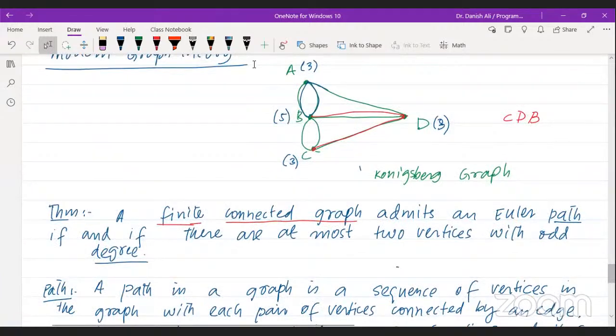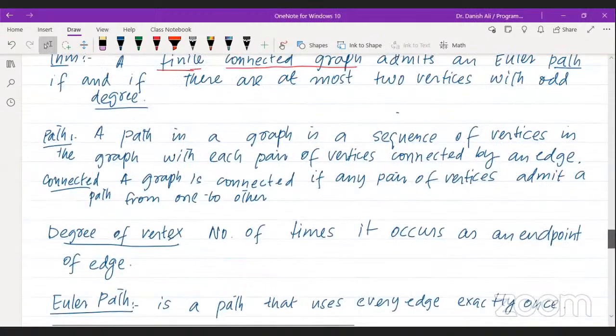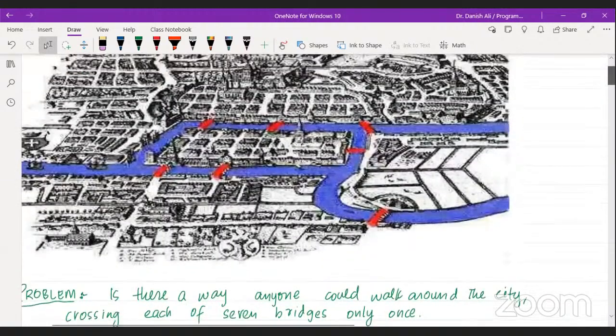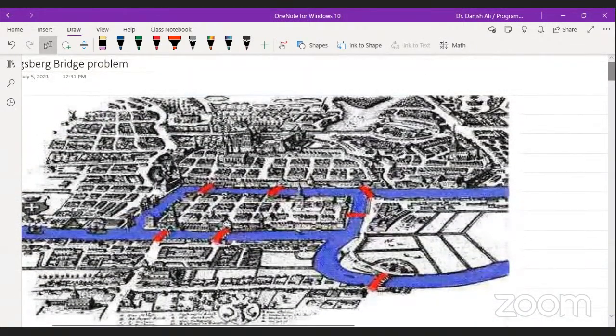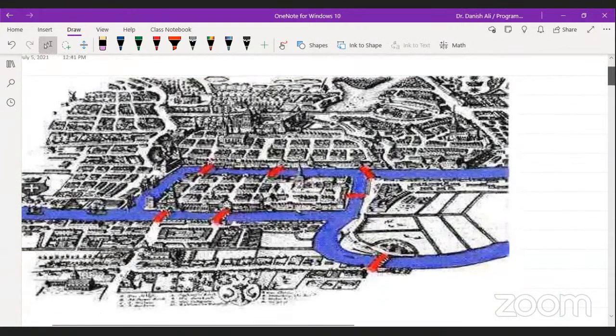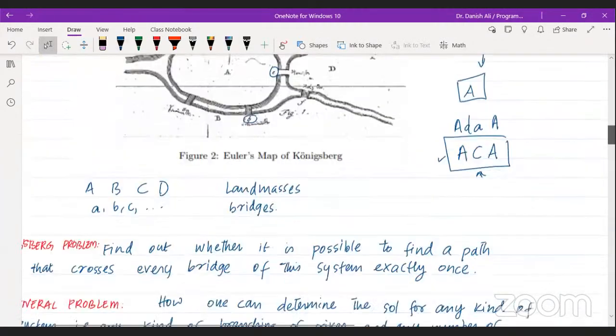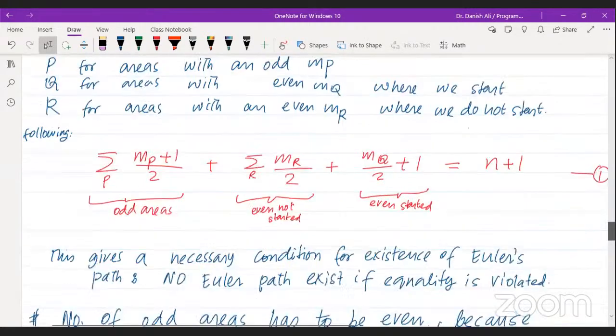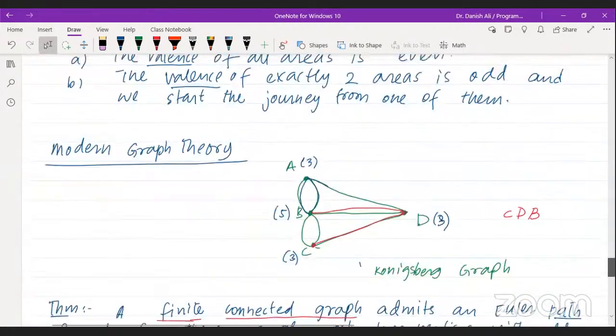I took a very mathematical point of view of this Königsberg bridge problem, because I saw that there are so many videos on YouTube from where you can get the idea of what the Königsberg bridge problem is and what the solution is. Most of them translate the problem into graph theory and then explain the proof of this theorem.